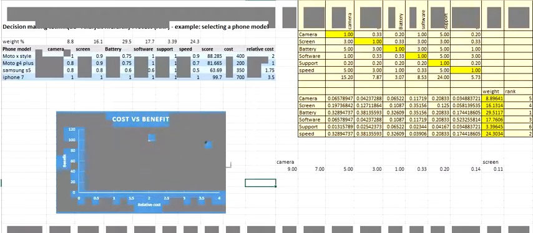If you see from the y-axis, the benefits are almost close, 81.6 versus 88.6. But the cost I would pay would be double. So in this case, Moto G4 Plus is 81 weight, and Moto X Style is 88. I would have to pay double the cost, 400 versus 200. So this is the best choice for me in this case.